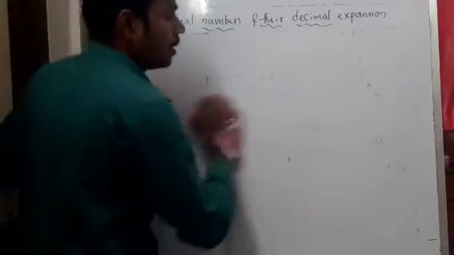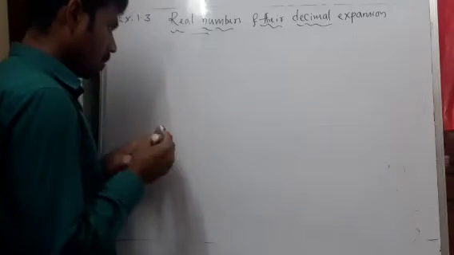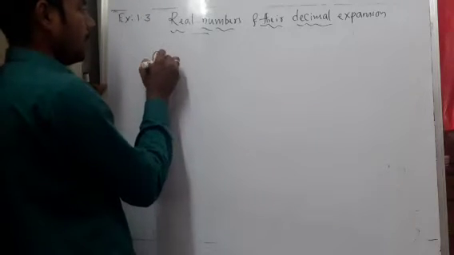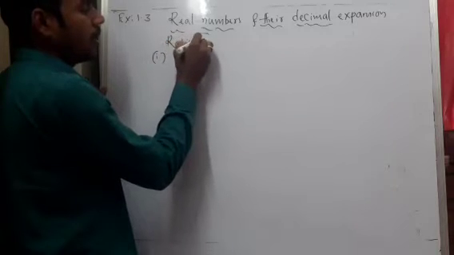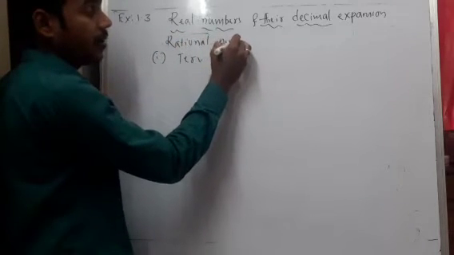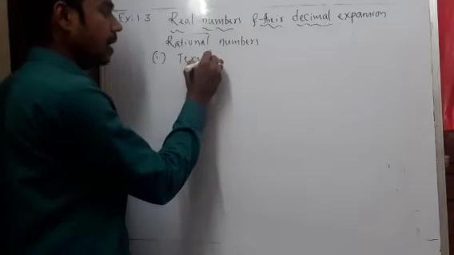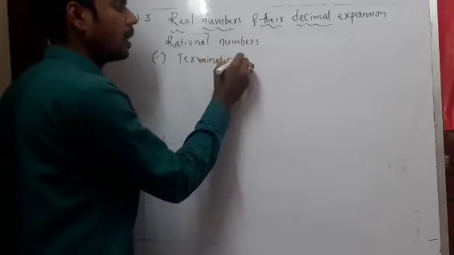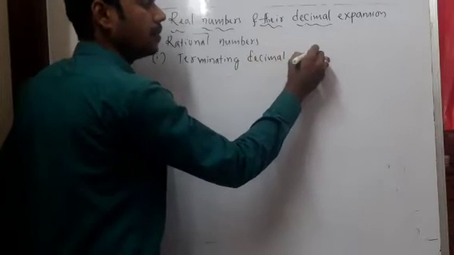Now, what we understood: we are talking about rational numbers. In that, there is terminating decimal expansion.